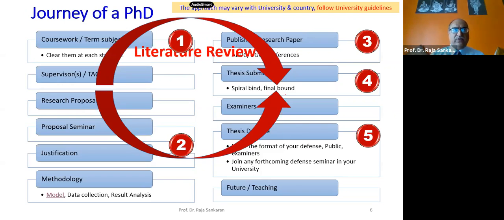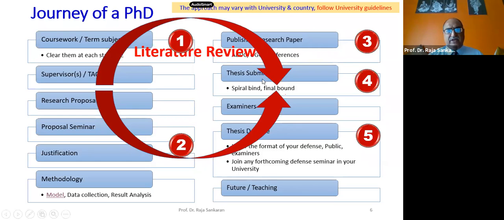There are a lot of questions which come into our mind as well. When do we start and when do we stop? So typically the starting point is whenever you start the journey. As soon as you get into the mode of getting into a PhD, either for seeking the admission or because you have to present anything, you need to start with the literature.